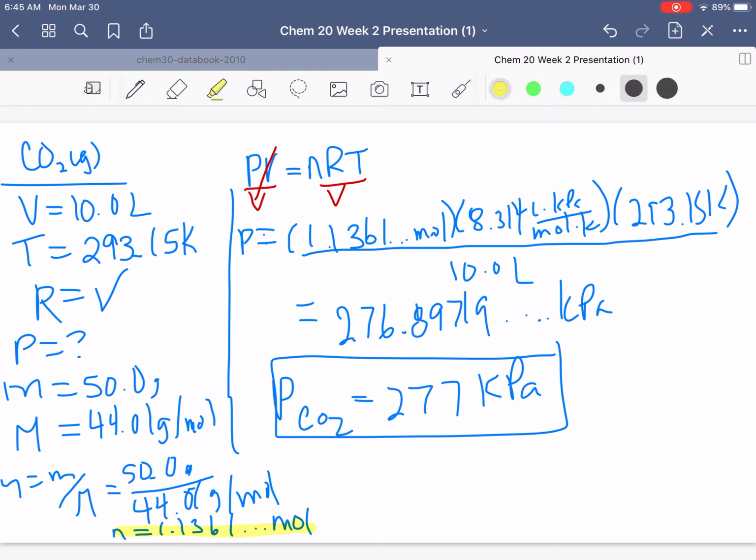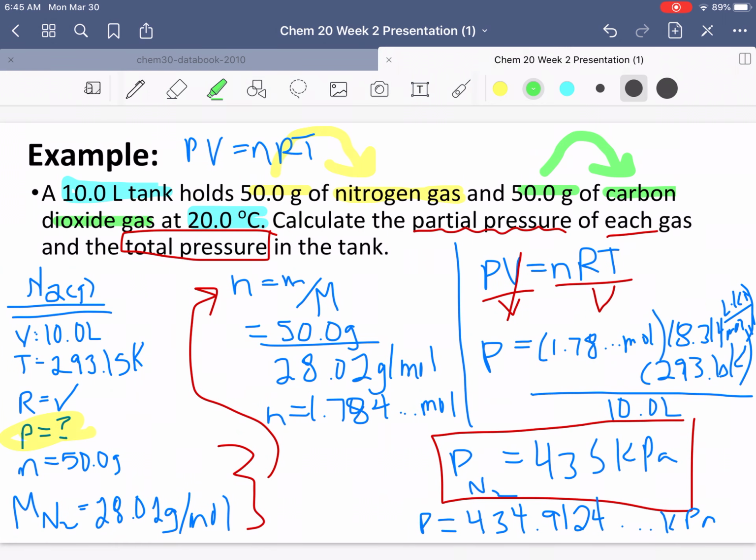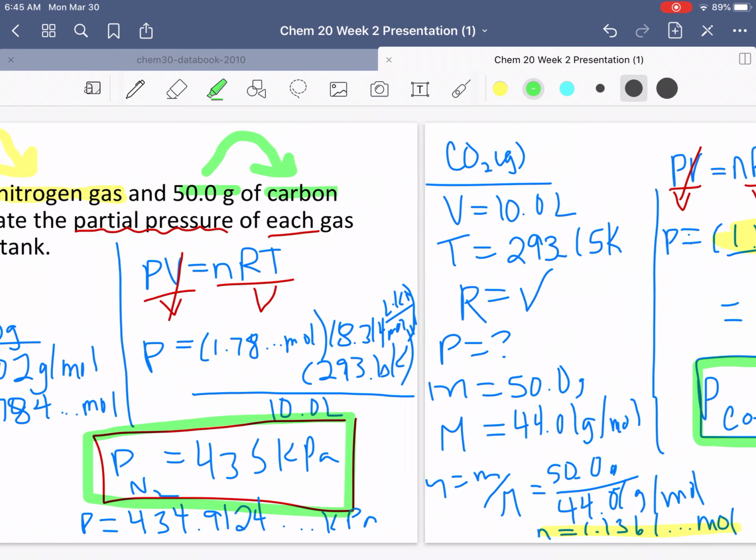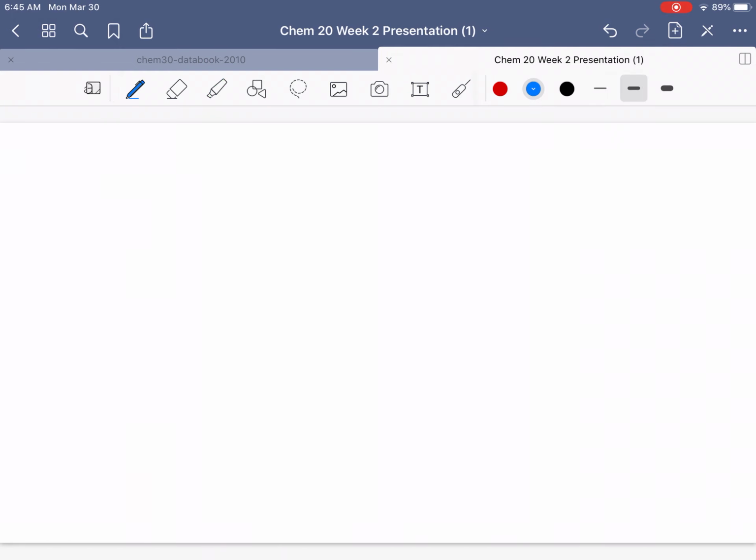Okay, look at what we've got. We were able to get n, use it again in order to find the partial pressure of carbon dioxide. Previously, we were able to find the partial pressure of nitrogen. This is all we need to now get the total pressure. So when you calculate your total pressure, we're going to take the pressure of that nitrogen gas, add it to the pressure of the CO2 gas, and then we can get P total.